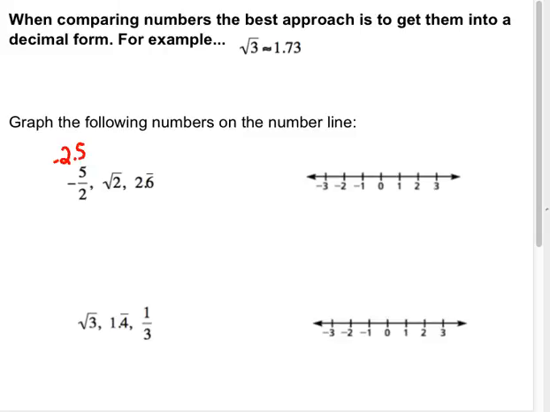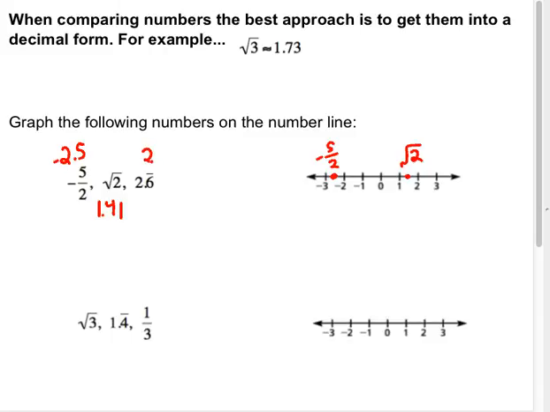So -2.5 would put me right here. Square root of 2: type that into the calculator, and it gives me 1.41 blah, blah, blah. I don't need more than that. So 1.41 is going to be approximately right here. So there's my square root of 2.